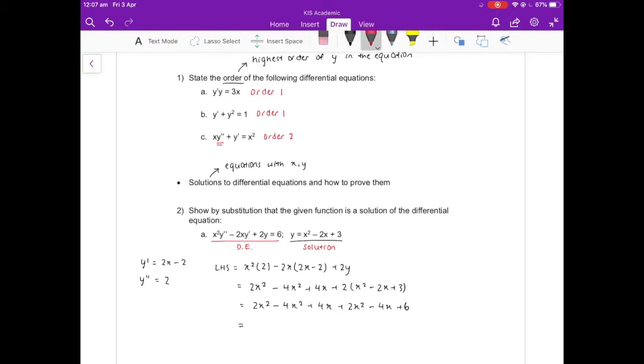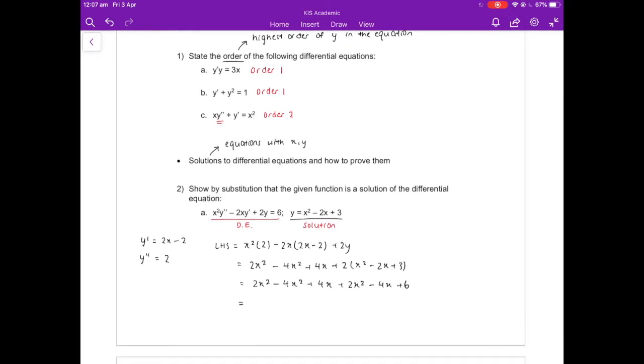So we can see that 2x squared plus 2x squared gives us 4x squared, and that cancels out with the negative 4x squared, and then 4x cancels out with 4x, so we're left with 6, which is the right-hand side. So we can say that it satisfies the differential equation. And I'm just going to use DE for short, therefore it is a solution.